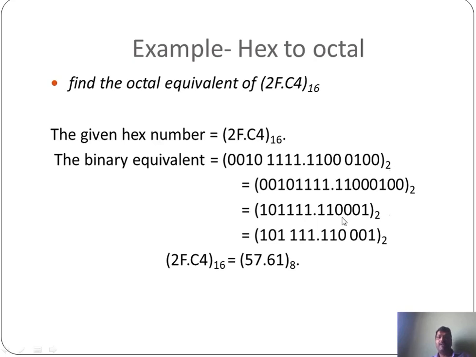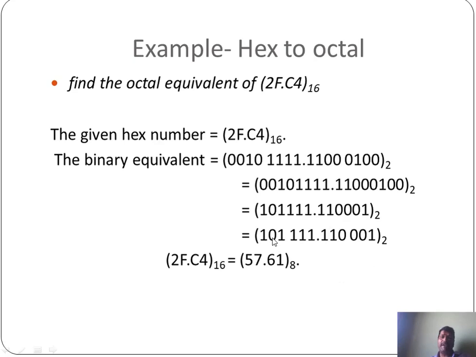Now this is your binary number. Now make groups of 3 from the binary point. So this is 101 111 and 110 001. If necessary, add zeros, but here there is no need.